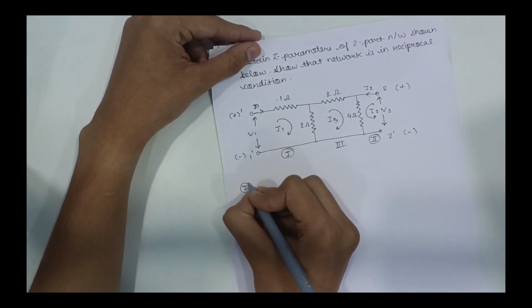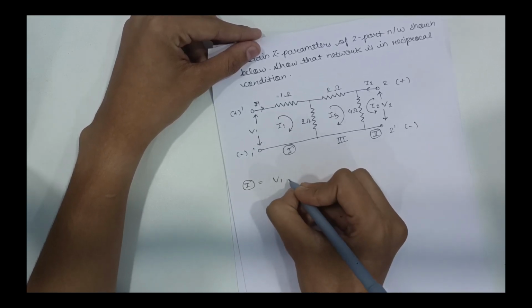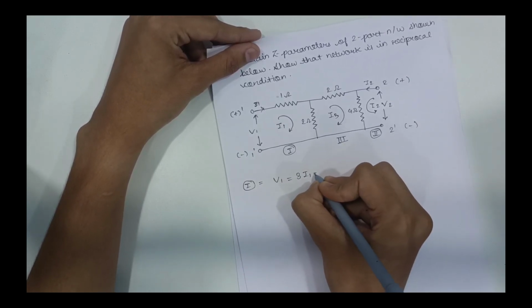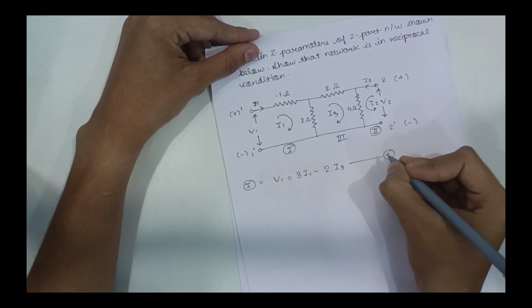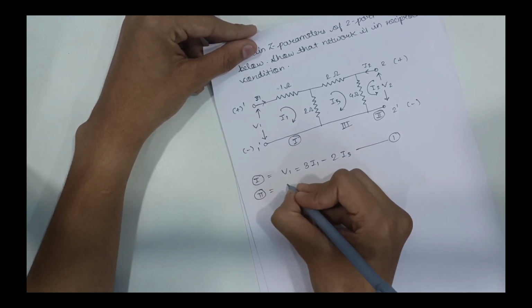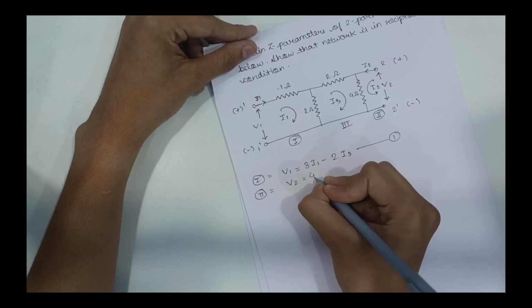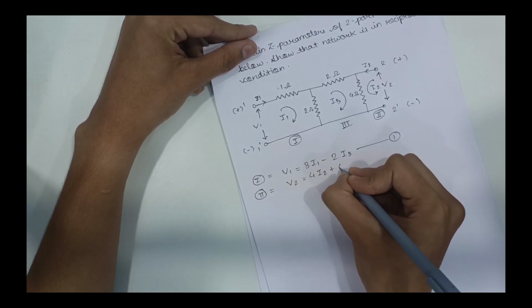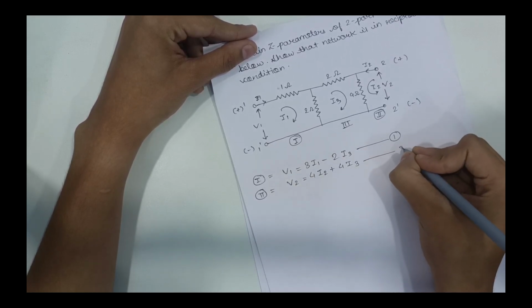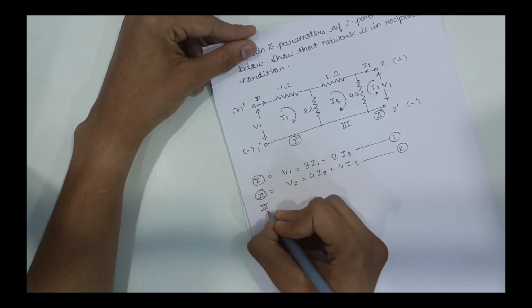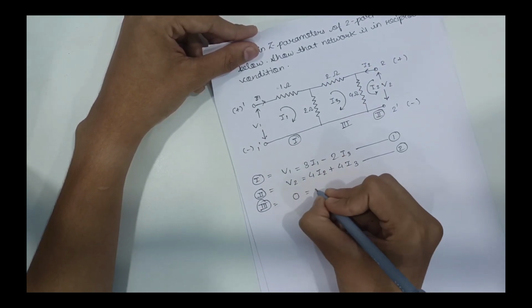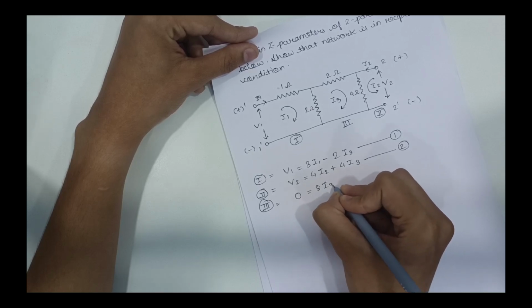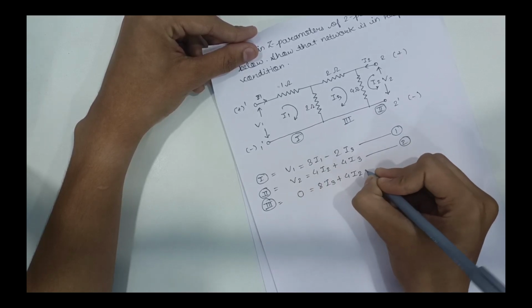For the first mesh, we get the expression V1 is equal to 3I1 minus 2I3. This is our first expression. For the second mesh, we get V2 is equal to 4I2 plus 4I3. For the third mesh, since there is no voltage source, it will be 0 equals 8I3 plus 4I2 minus 2I1.